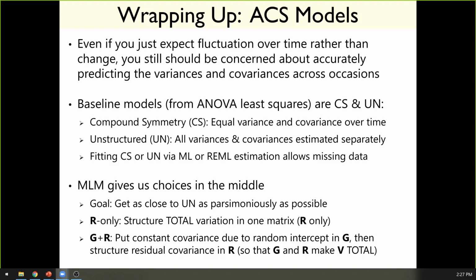That's it. Those are your choices. There's a whole bunch of options in the middle that are possible once you switch to likelihood estimation. Not all of them make sense for a given type of data. A lot of them rely on the idea of equidistant time intervals, which doesn't fit a lot of data, but there are more choices. And so these are the choices that I would recommend when you are dealing with the context of within person fluctuation.